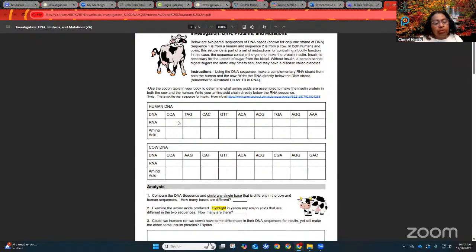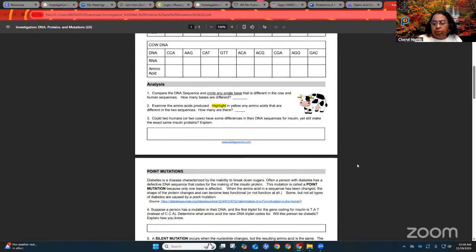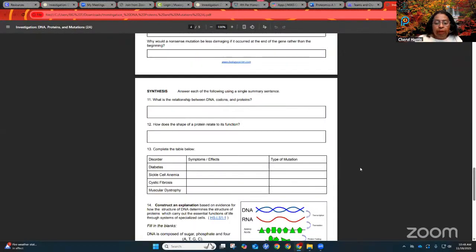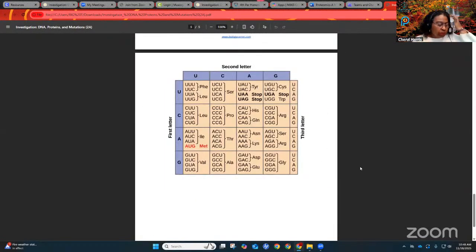And then we go to our chart and we figure out what is GGU. Now I'm going to scroll mine down. All right, so begin to practice using this chart. First letter is G, so that makes it this, let me make mine bigger. So G is down here to the bottom.